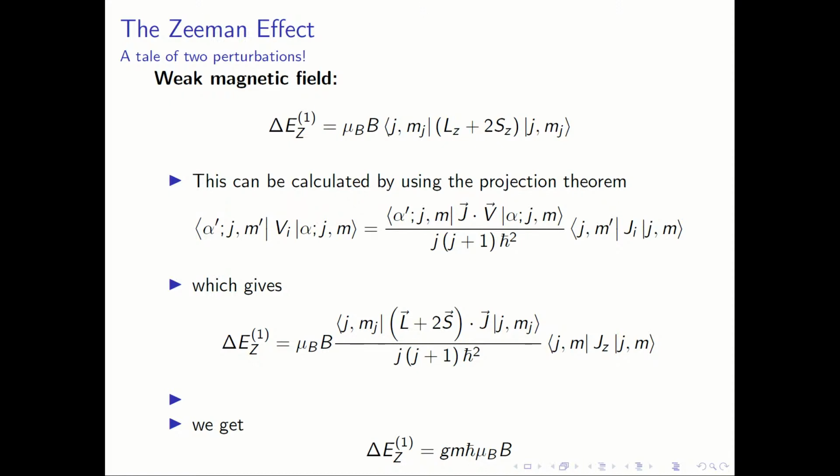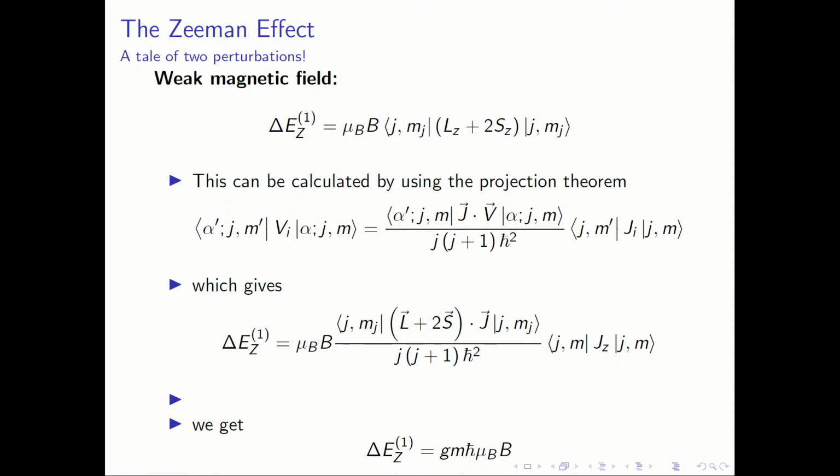Now I will leave the calculation of the Landé g factor as an exercise for you. What is very important about this is that this g factor depends not only on L and S, it also depends on J, which means that for the same L value and S value, S of course is always half, the two different J values that you get, L plus half and L minus half, split differently.